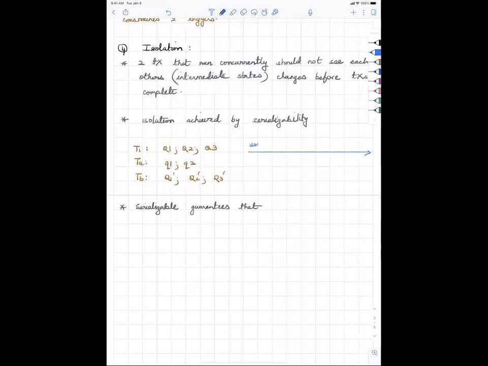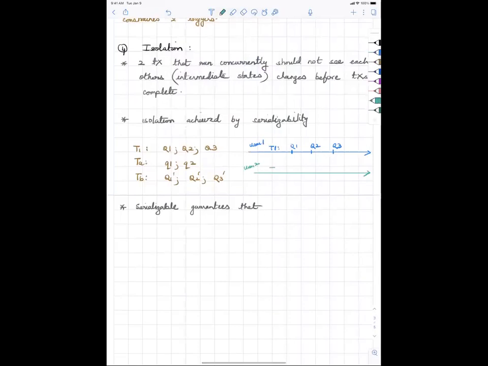So this is user one, and he's running T1, which is Q1, Q2, and Q3. And then we have user two, who's running TA and TB.